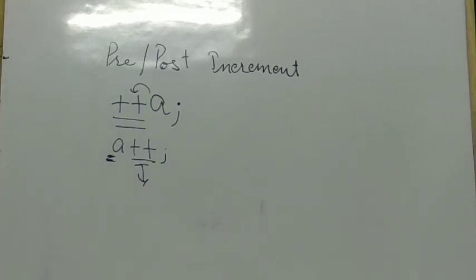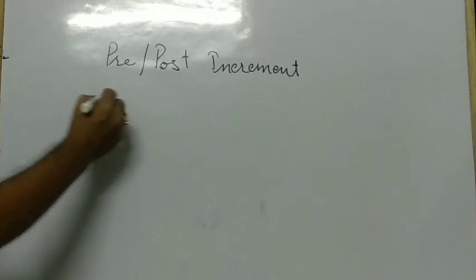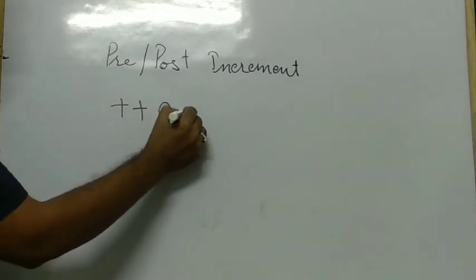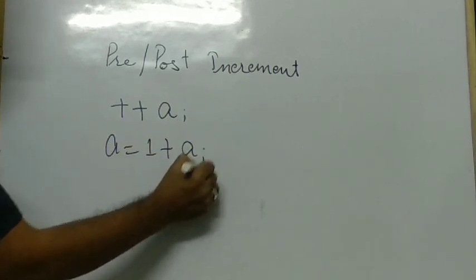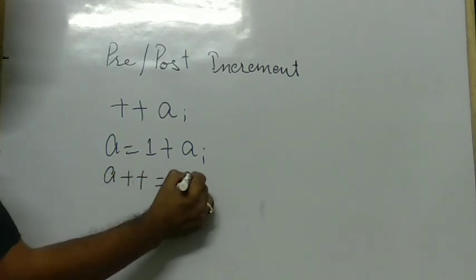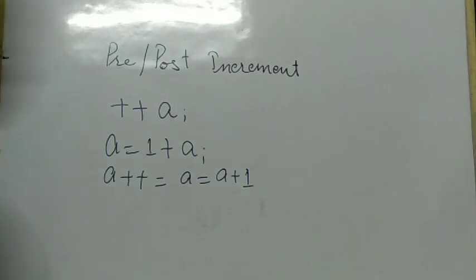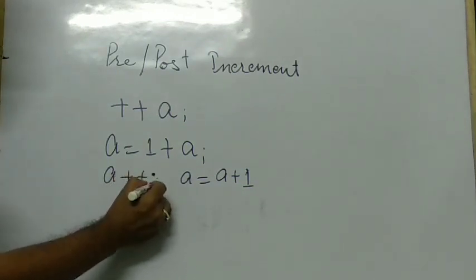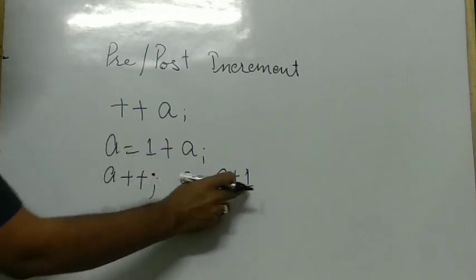So what is the difference between pre and post increment? If I write plus plus a, it means a equals 1 plus a, and if I write a plus plus, it is similar to a equals a plus 1. 1 plus a and a plus 1.